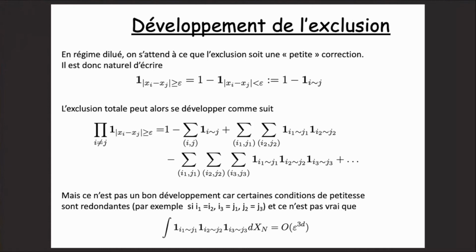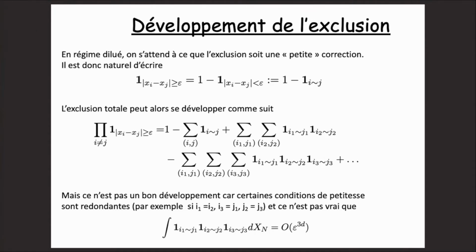So you have a product of 3 terms like this, but actually you have only 2 conditions which are really independent. That's very bad, because of course you have a lot of such terms: you can pick 3 couples at random here, but you have only 2 conditions. So the L1 norm of this is not like epsilon cubed, it's like epsilon square.